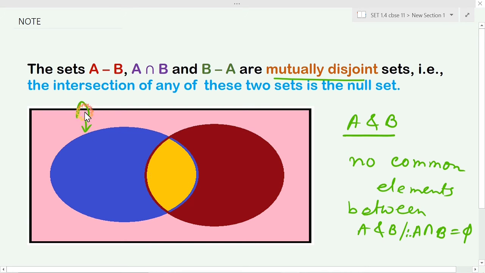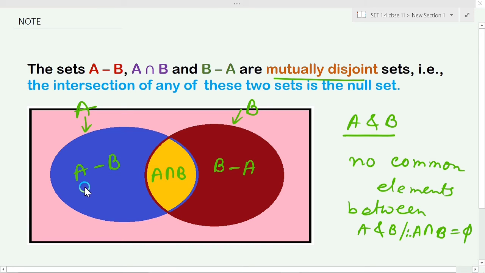Consider this as A and this as B. So this yellow region represents A intersection B. Now this blue region contains the elements of A minus B, because A minus B contains the elements only in A, not in B. Okay, and the brown region of B contains the elements of B minus A.